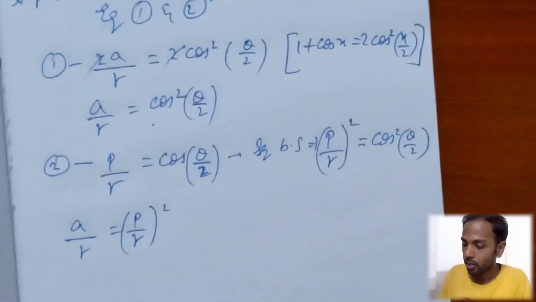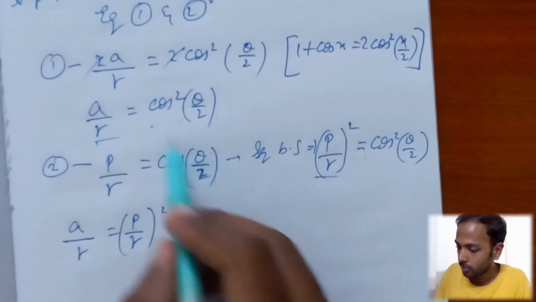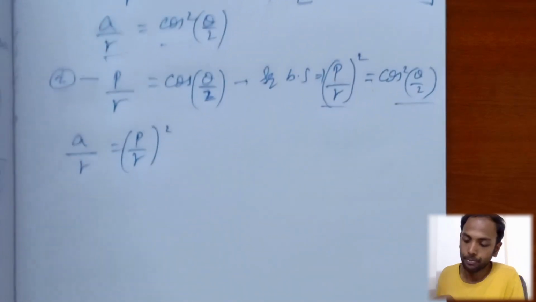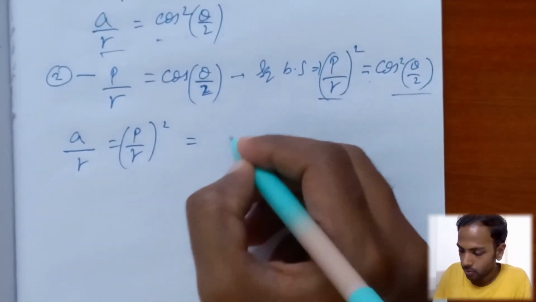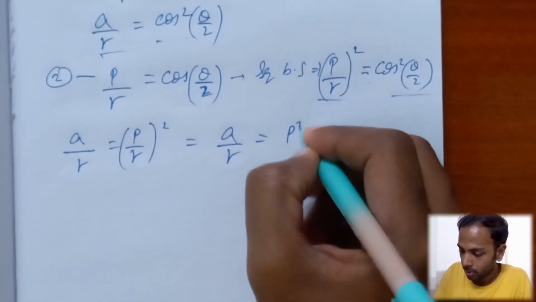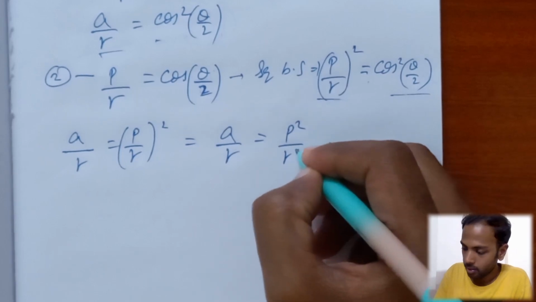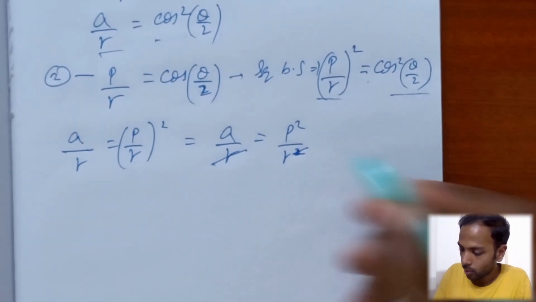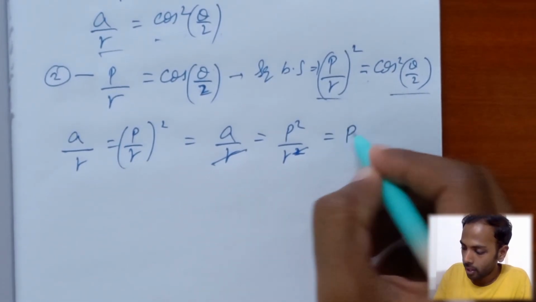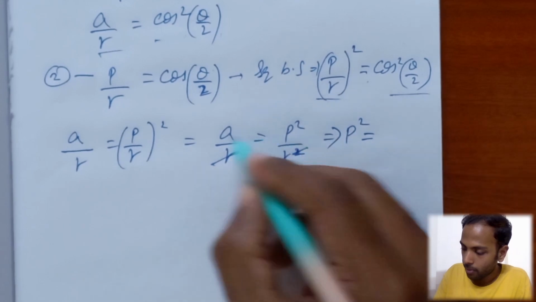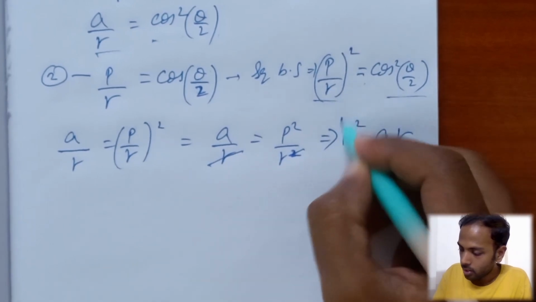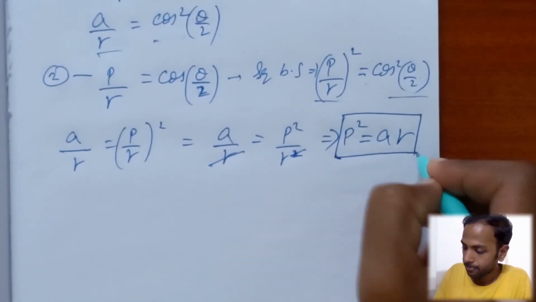I just equated this and this because the RHS were the same. So finally, a by r is nothing but p square by r square. This r and this r will go off, and finally p square will be equal to a into r. This is the final pedal equation.